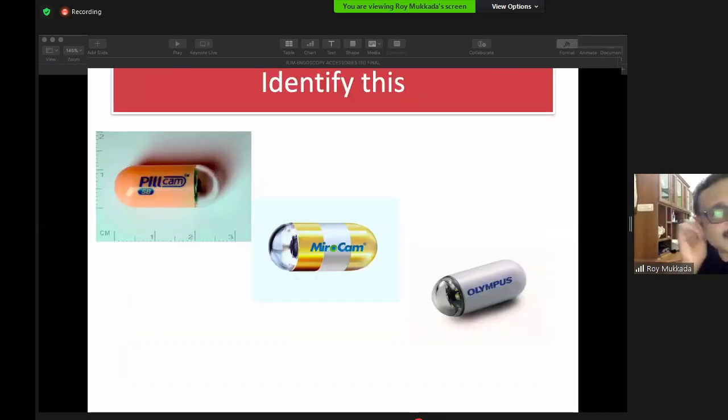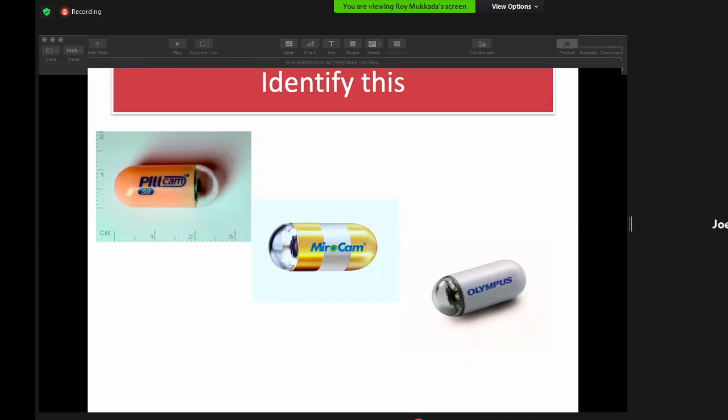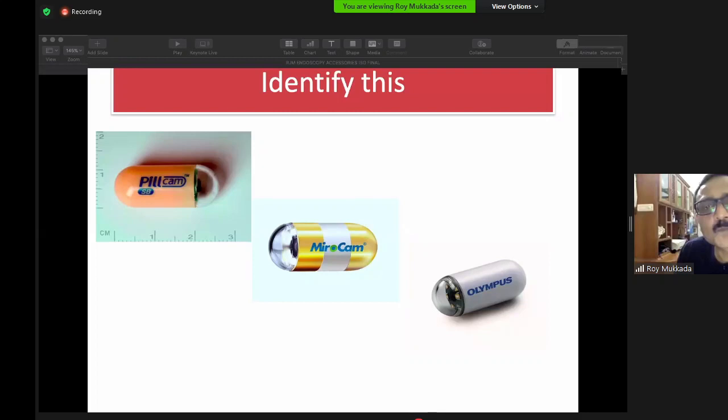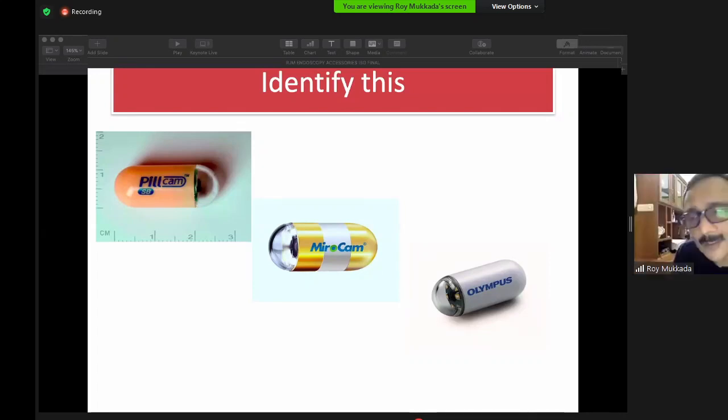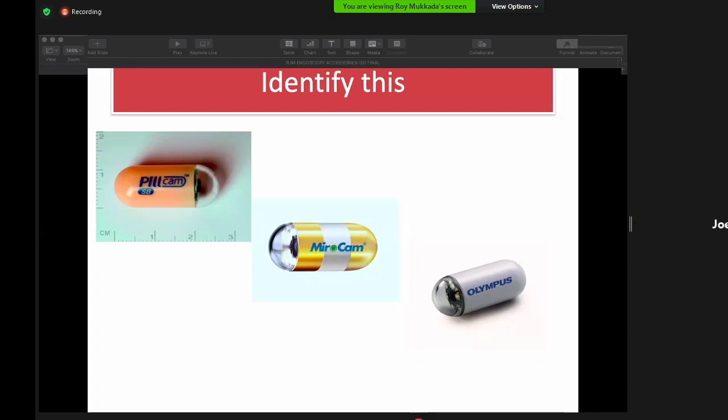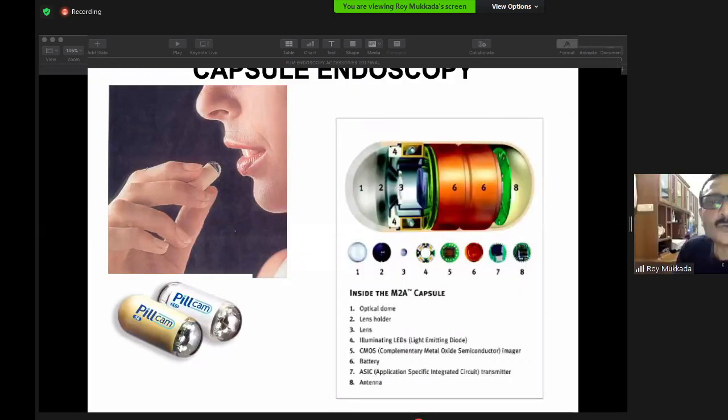Okay, identify this, quite easy. Why are you hesitating? Video capsule endoscopy. Okay. Can you just tell how it is used, what the advantages are, what the disadvantages are? Because it's quite simple.